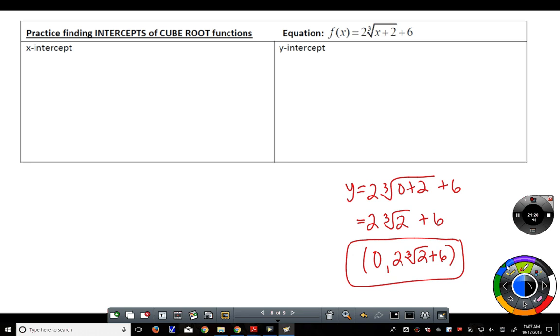And then for the x-intercept, we're going to set y equal to 0. And same things as before. We really want to get this part that has x in it alone. So we want the cube root portion alone. So we need to cancel out the 6 and the 2. So we'll subtract 6 from both sides and divide by 2.